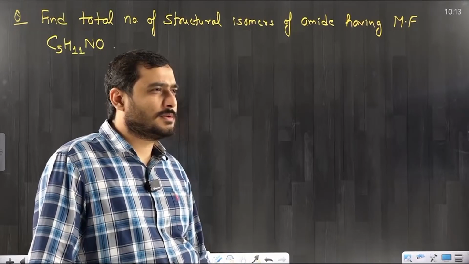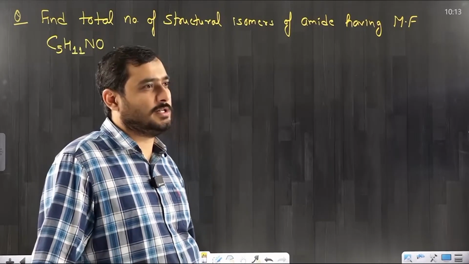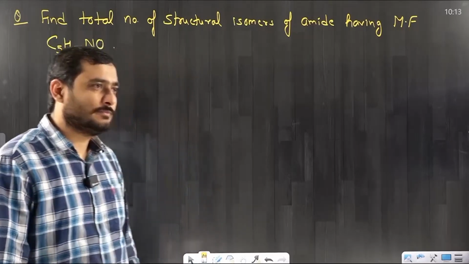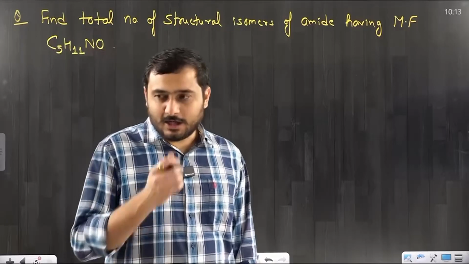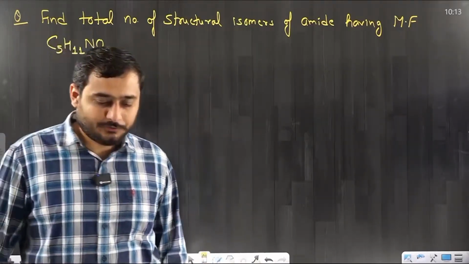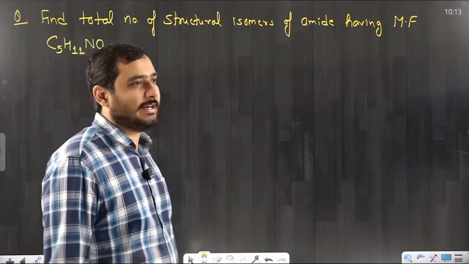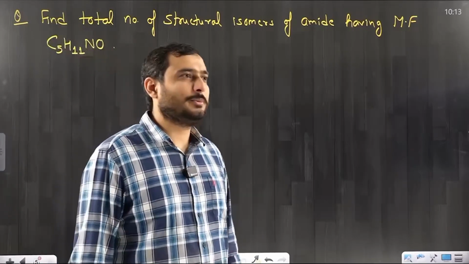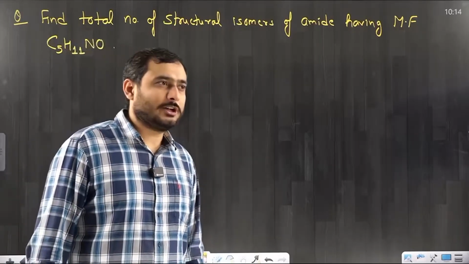Somebody, Venugopal, is saying 5. Tertiary 5. Very good, Krishna. Tertiary is 5. Good. Now, if you total, how many isomers will you get? Total 18 isomers you will get.